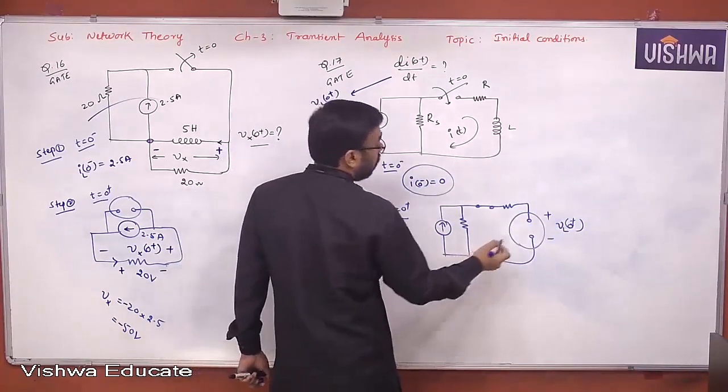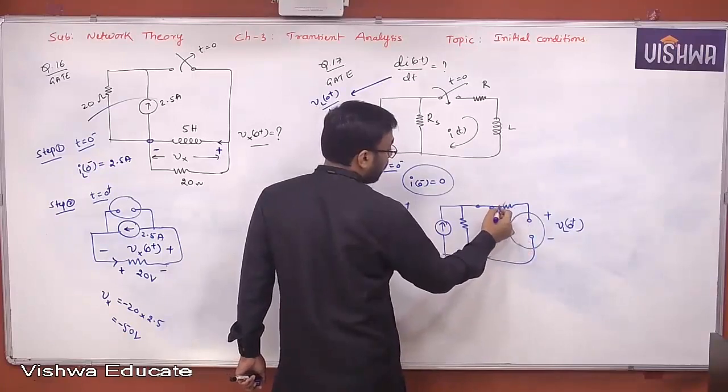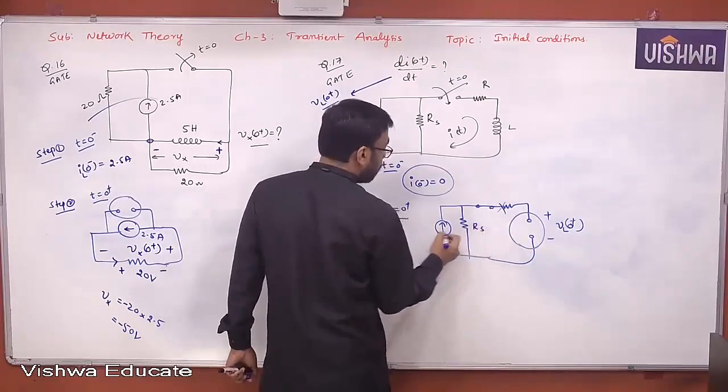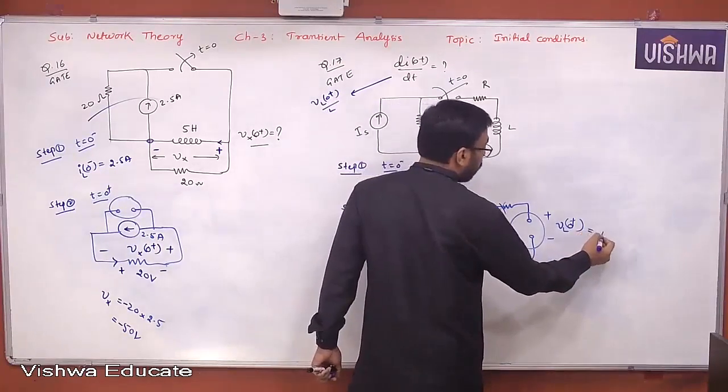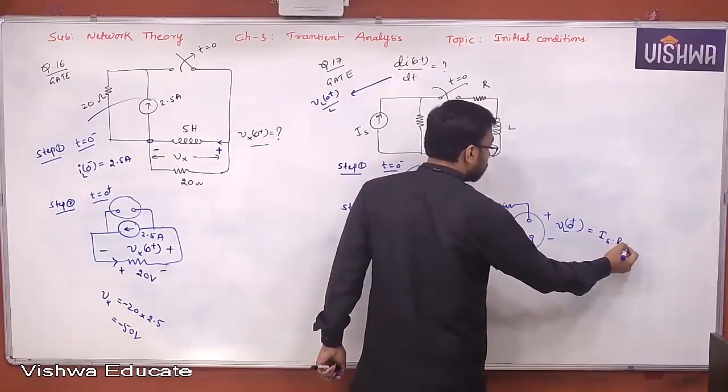Okay. Now obviously no current is flowing, so this is neglected. And you have RS and IS. Entire current is passing through RS. Finally you are left with IS into RS.